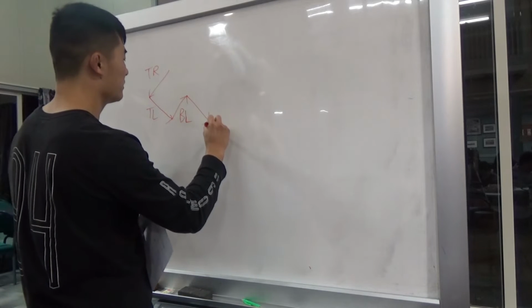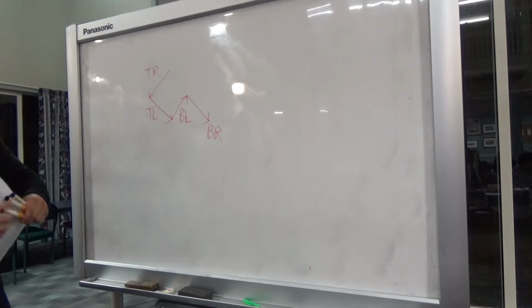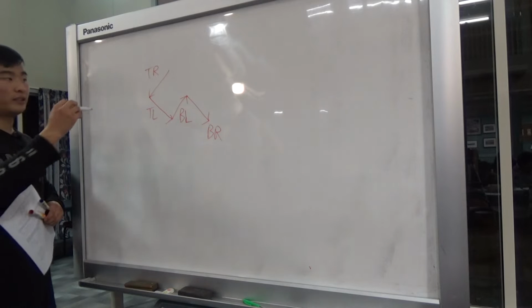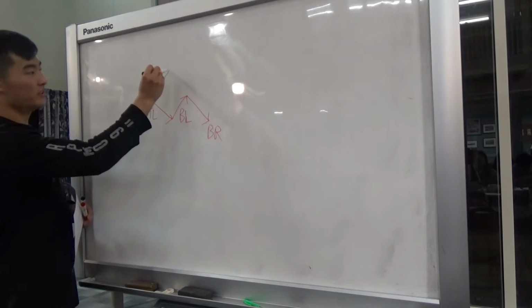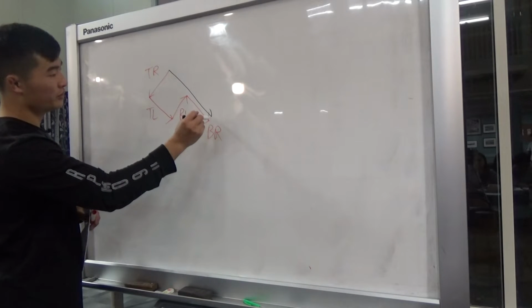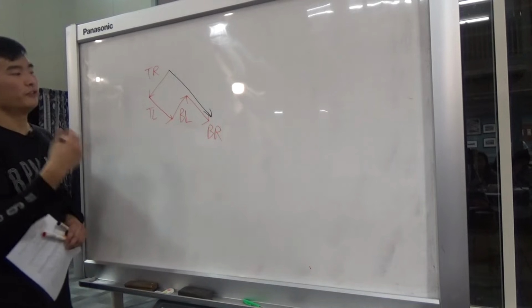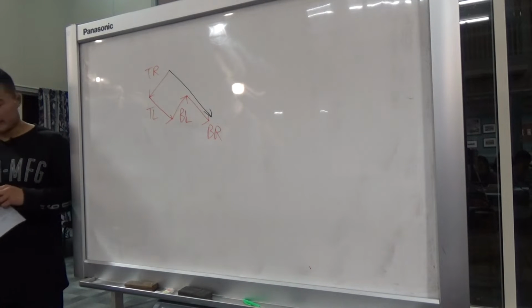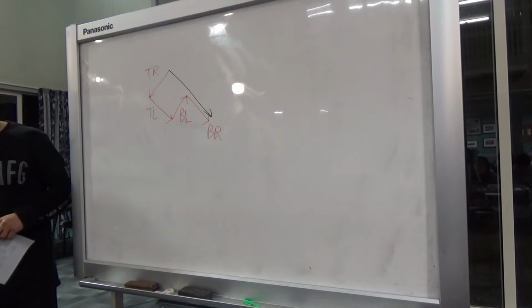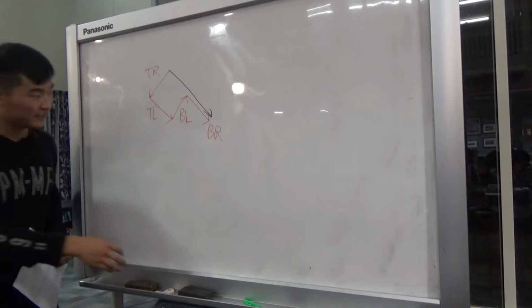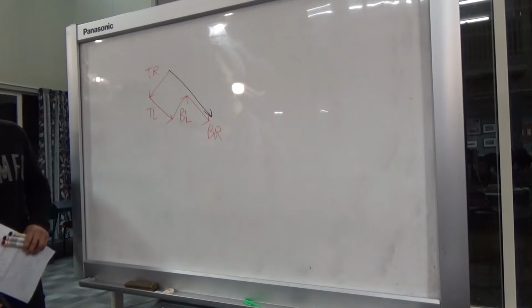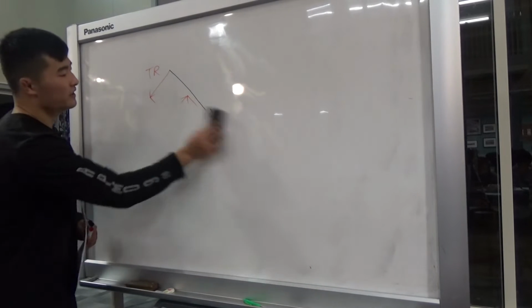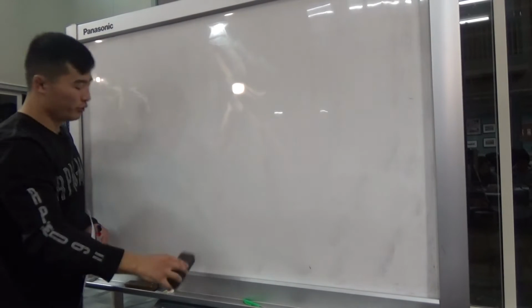Then you would join the tail to the head. So this would be your final direction if you did vector addition. So joining tail to heads. But that's just for kind of like proof, I guess.